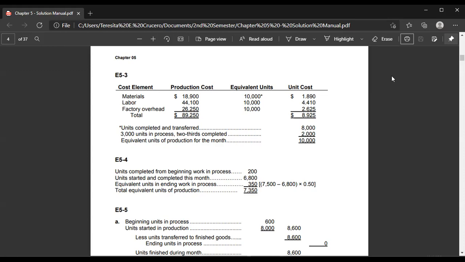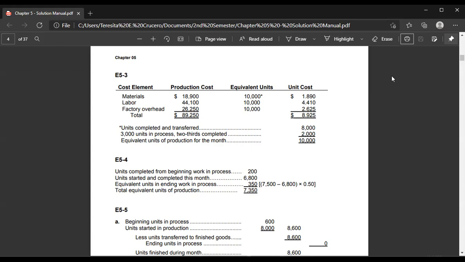Okay, now we are using here the average method. Take note that the beginning inventory, you are given 200 units, but you are not given the work done. So meaning we assume that once the units were completed during the period, the work done is 100%.